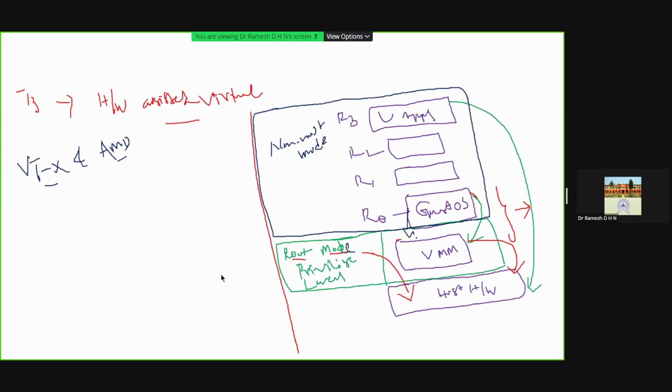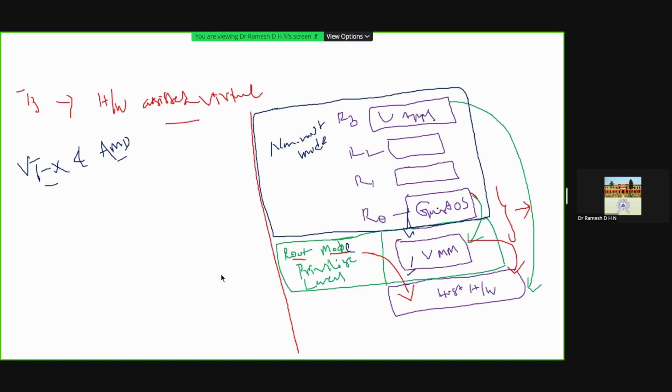As shown in this figure, privileged and sensitive calls are set to automatically trap. Privileged means from here, sensitive means from the guest operating system. So privileged and sensitive calls are set to automatically trap to the hypervisor, removing the need for either binary translation or paravirtualization. We have removed these two concepts.